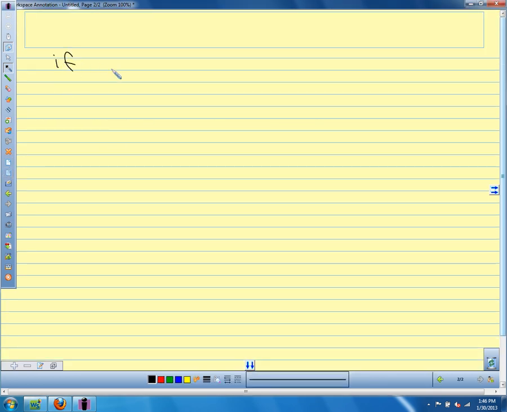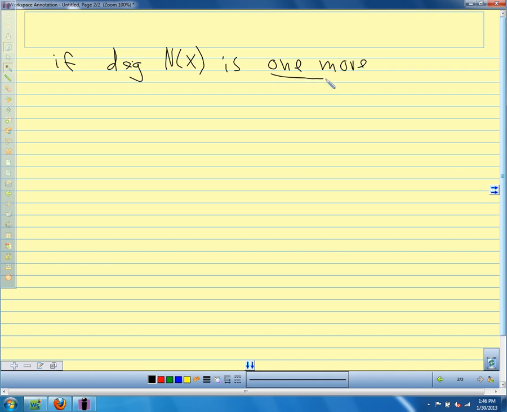If the degree of the numerator is 1 more than the degree of the denominator, we get a slant asymptote.